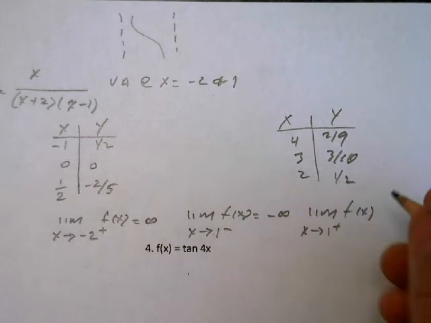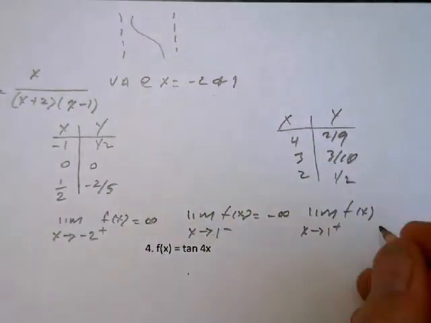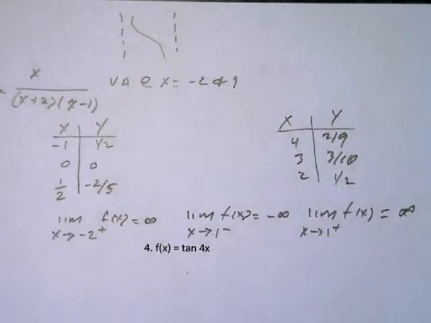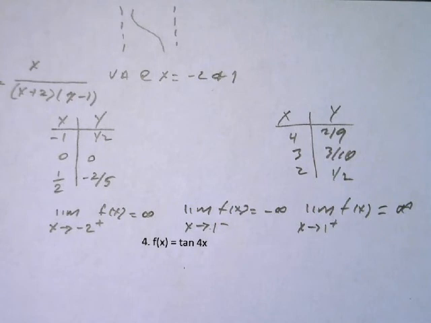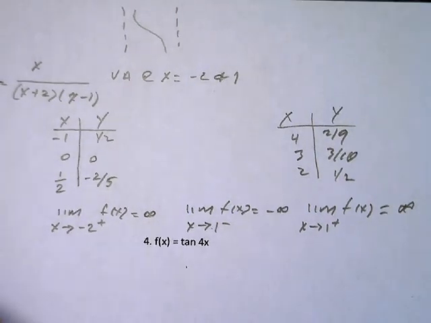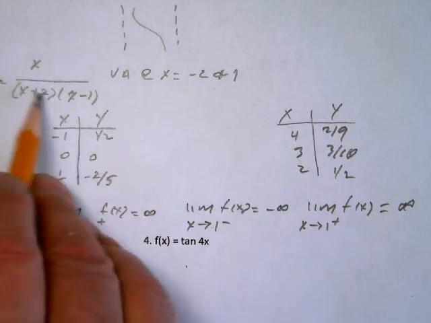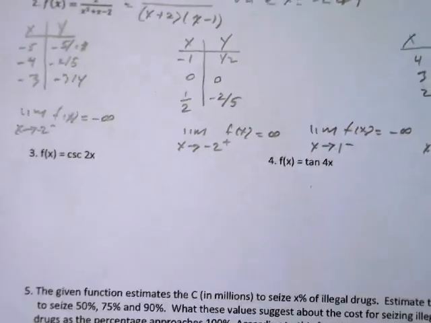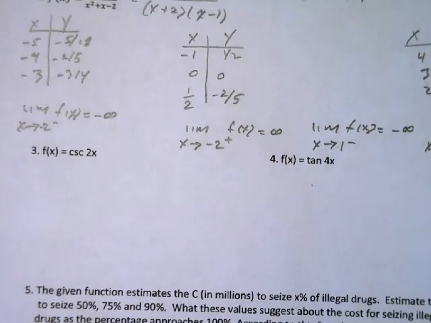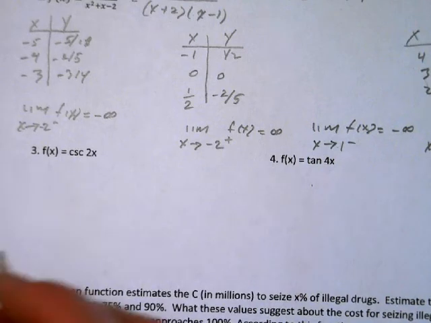If x is 3, y is 3/10, and if x is 2, y is 1/2. So these values are increasing, which means that's going to be approaching positive infinity. Again, all I'm doing there is I'm just putting these values into the function.